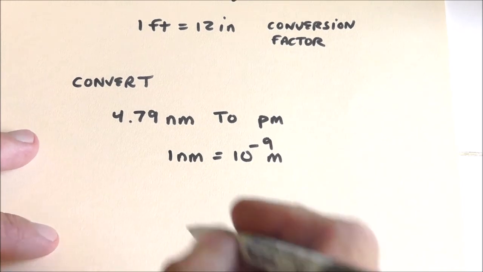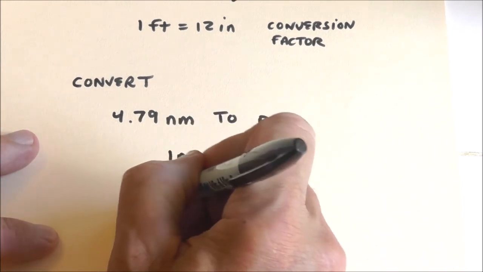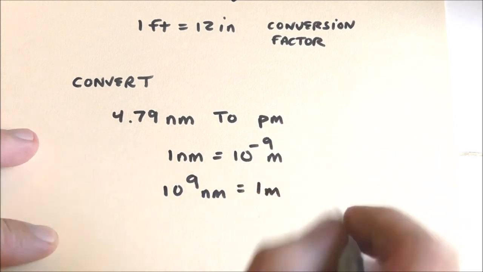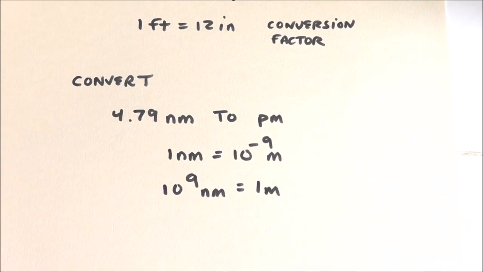Do you know what you also could say? You could say that there's 10 to the 9 nanometers in 1 meter. I can convert 4.79 nanometers to meters, and then I could convert meters to picometers. I could do it in 2 steps. It doesn't matter how you do it. Or you might recognize that those are 10 to the 3 away from each other, and the picometer is 10 to the 3 smaller than a nanometer, so 4.79 times 10 to the 3 is your answer, right? I actually got it wrong there because I tried to do it too fast, it's 10 to the positive 3.